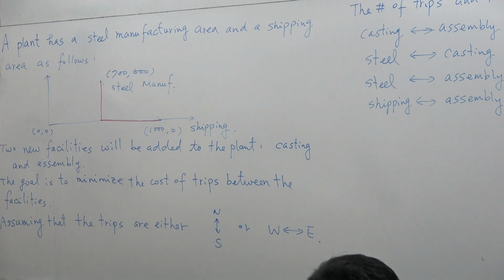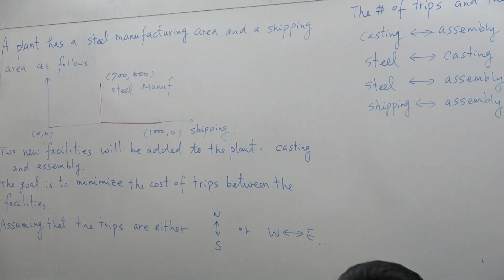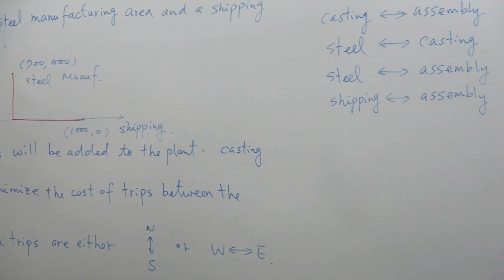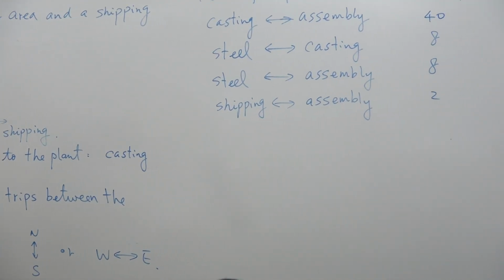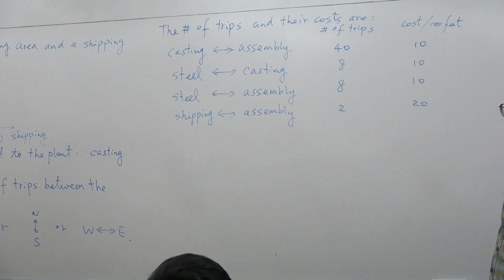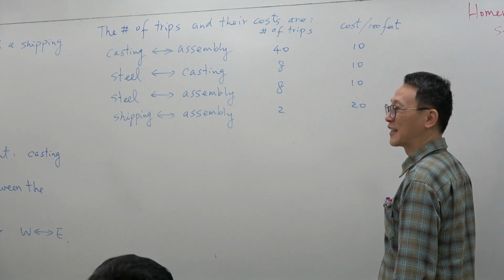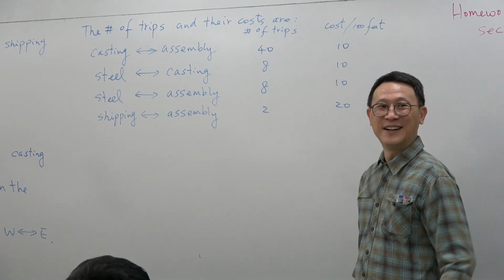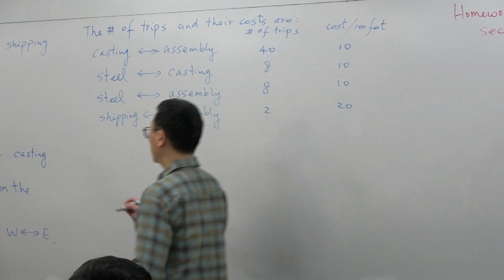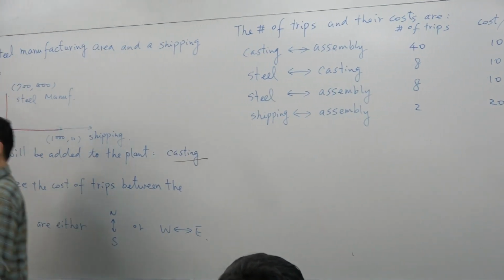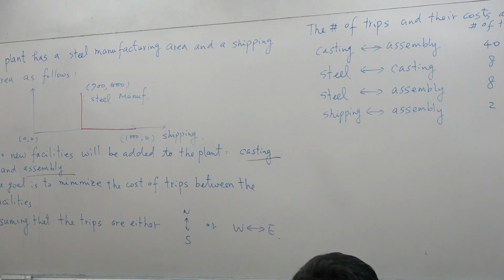So what will our variables be? X1 and X2. What do X1 and X2 indicate? The coordinate of the steel facility. We have two facilities, so we want to determine the coordinates.